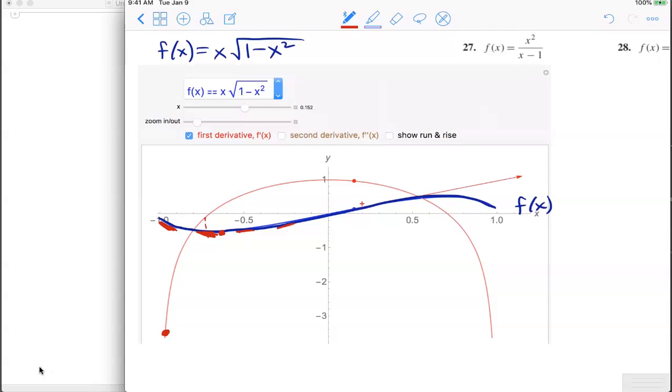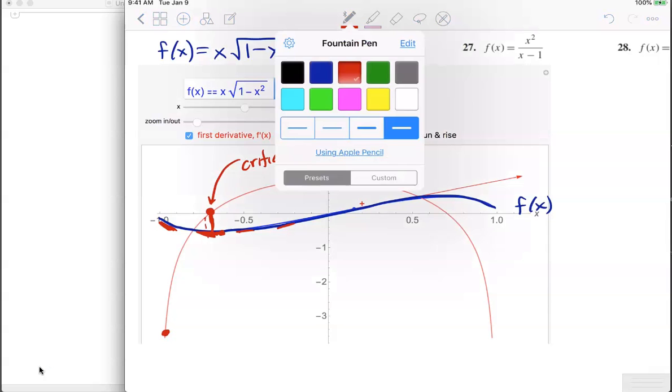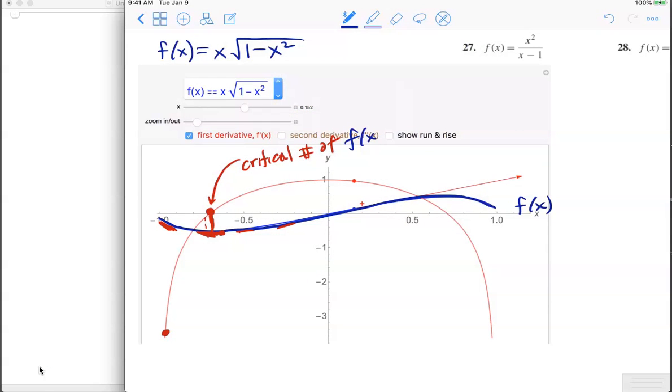But there's some spot here, it's kind of hard to see where it is, but we can see from the derivative graph that there is a place where the derivative is equal to 0. So what we're interested in finding is this critical number of the function f of x.